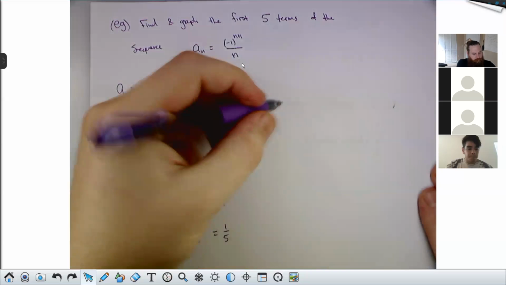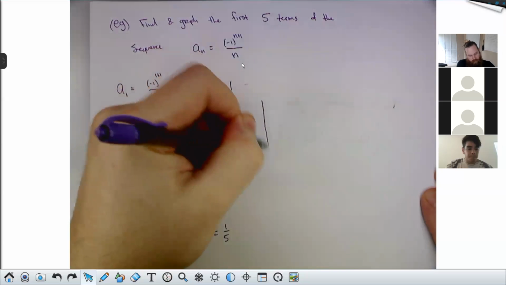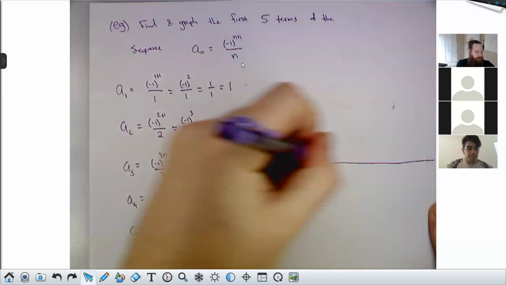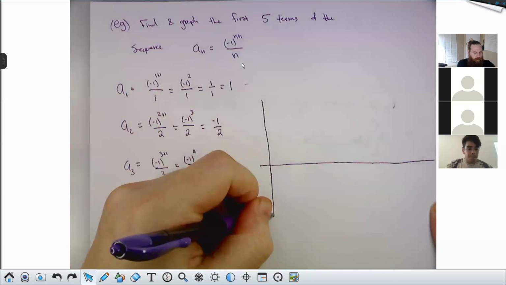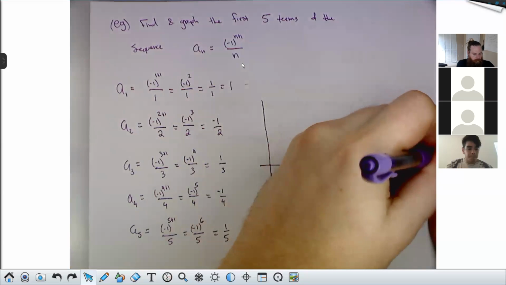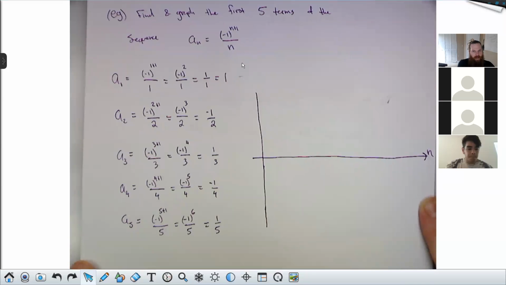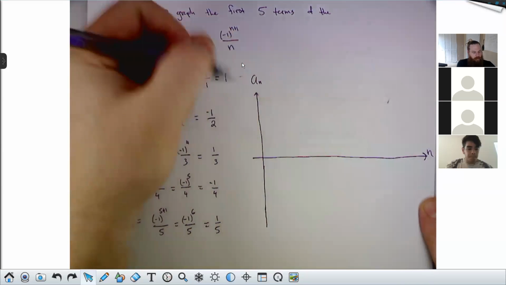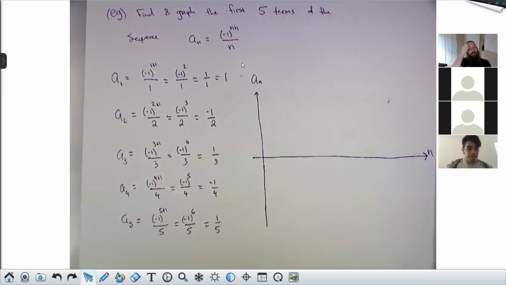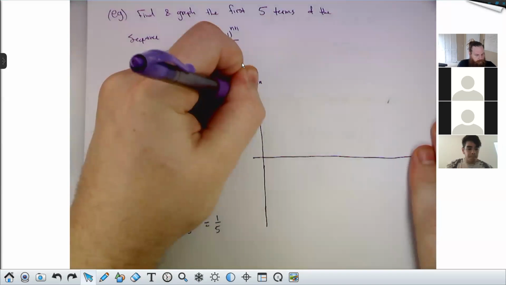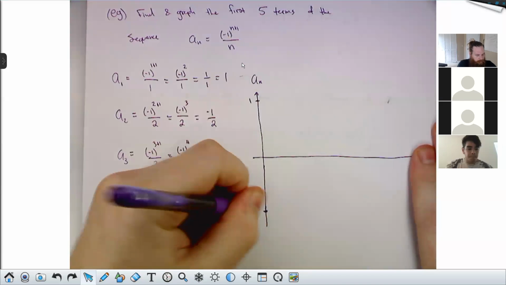The graph of such an object, the graph of any sequence, is just like graphing any other function. Your inputs are on the horizontal axis, so this would be the n-axis, and the outputs, a_n, are along the vertical axis. I'm going to mark this up here as +1, and this down here as -1.